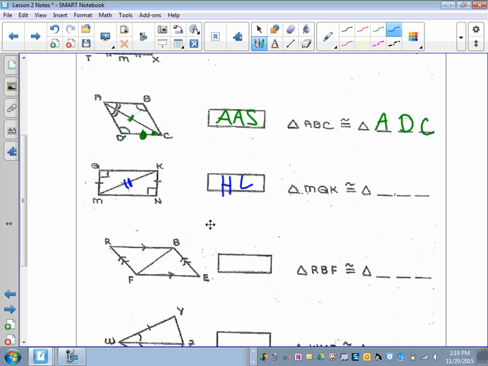But notice NQ, that's my short side length that has that congruent leg. So I have to do KN. I have to start with K because that is my short congruent side. And M. So again, make sure you're really careful with these, and it's always good to go back and double check. MQ should correspond with KN.